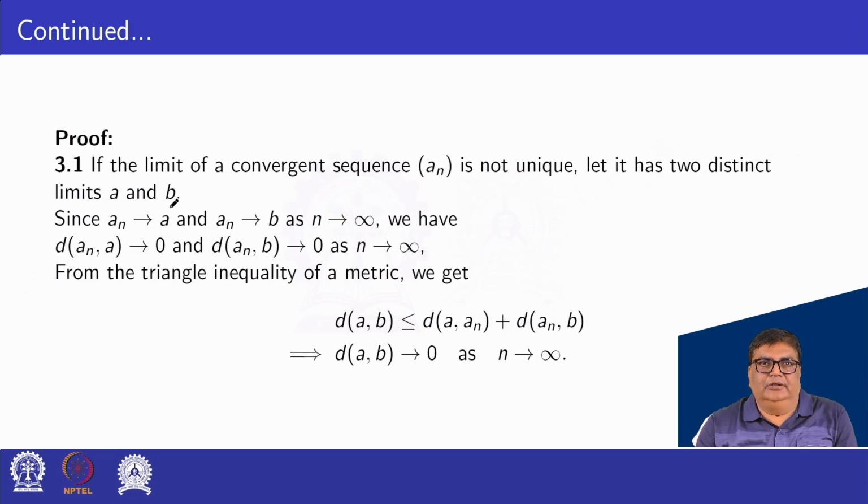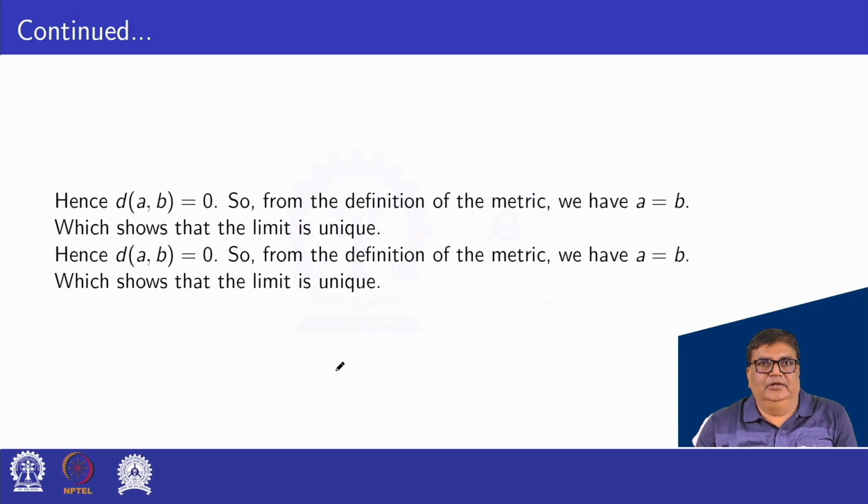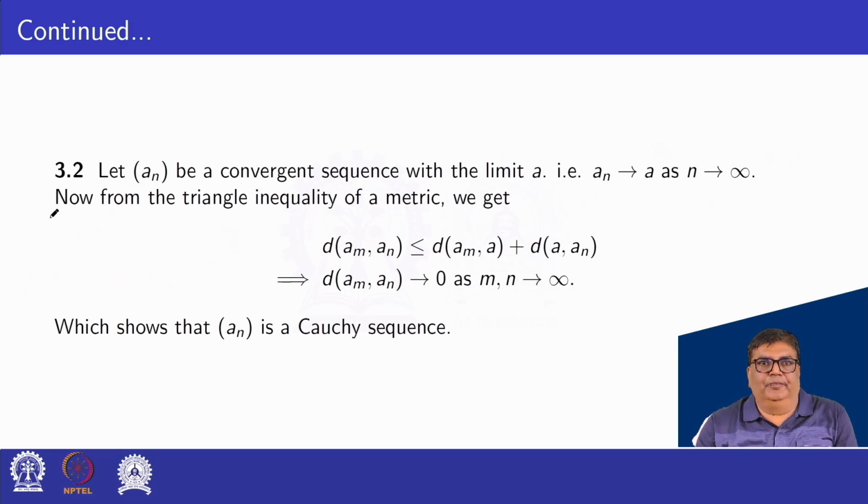Second, every convergent sequence is also a Cauchy sequence, but not conversely in general. Proof: let a_n be a convergent sequence with the limit a, that is, a_n converges to the point a as n tends to infinity. Now, from the triangle inequality of the metric, we can write d(a_m, a_n) ≤ d(a_m, a) + d(a, a_n).